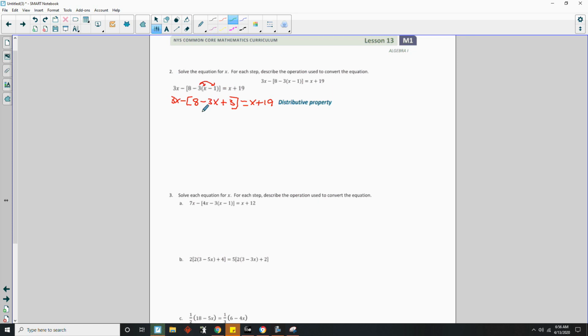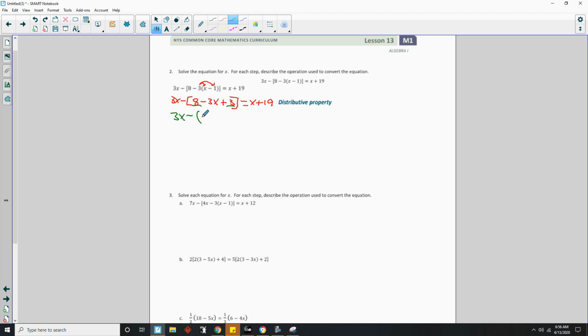Next step I'm going to look at these parentheses here, and I am going to combine like terms inside. So I have this 8 and this 3. So 3x minus, and I guess I can use parentheses now because there's not a double parenthesis or a parenthesis within a bracket.